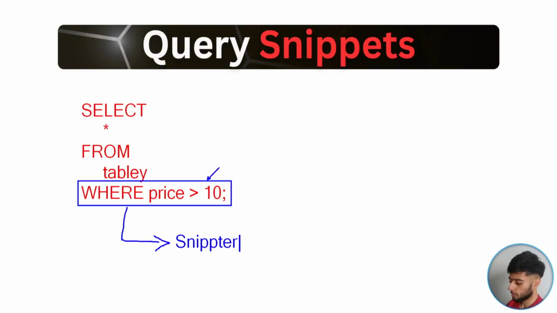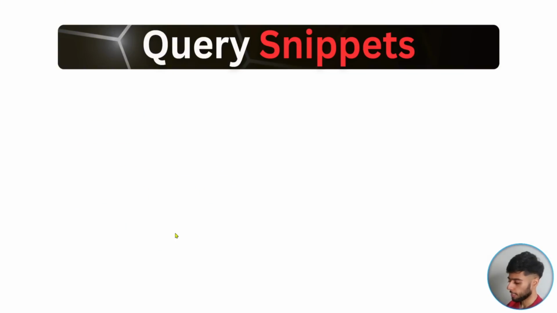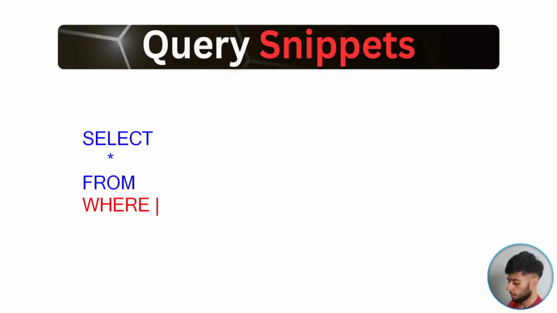Oh man, let me just write it again. So sorry for that. So let's say select asterisk from, and then where product price is greater than 10. Perfect. Very good.